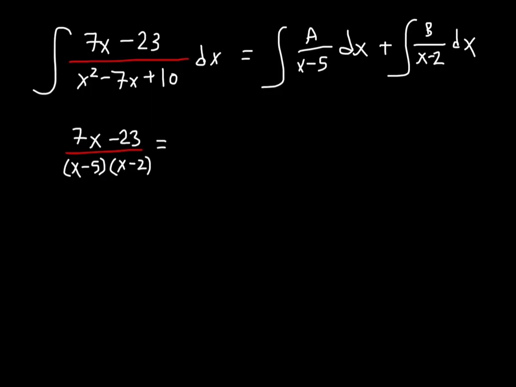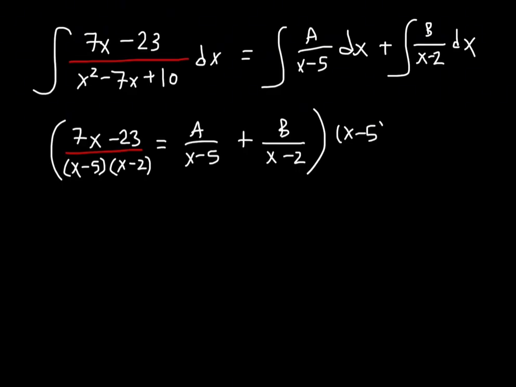So this is equal to A over (x - 5) plus B over (x - 2). And now to get rid of the fractions, I'm going to simply multiply the whole thing by the common denominator, so (x - 5)(x - 2).